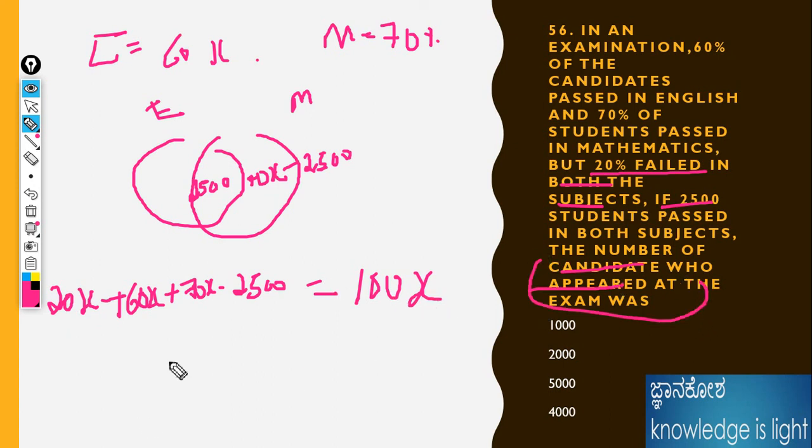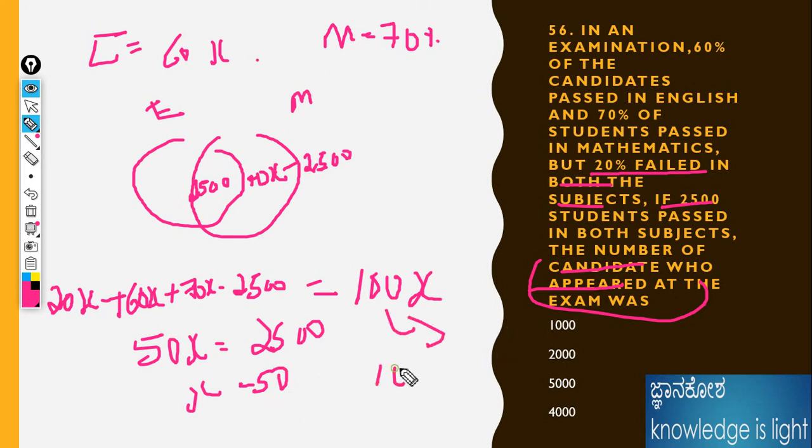After calculating, 60 plus 20 plus 70 is 150. 150 minus 100 is directly 50x. So 50x is equal to 2500, and x is equal to 50. Then the total is 100 into 50, that means 5000 students appeared in the exam.